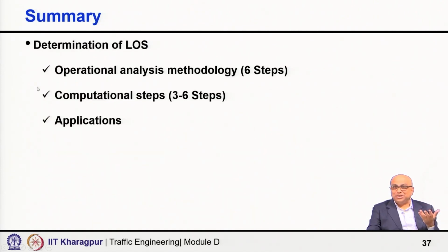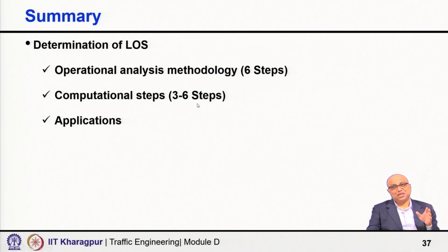So, what we discussed in this lecture, this is the last lecture. We had 3 lectures to do the capacity and analysis of LOS for freeway and multi-lane highway segments. In the last lecture we also started with this operational analysis methodology, the 6 steps. We again started with the overall 6 steps, a brief outline, and then step 1 and step 2 we discussed in detail in our previous lecture.